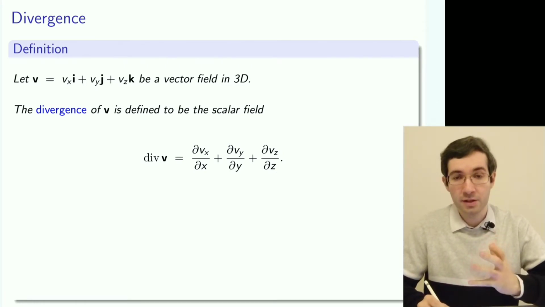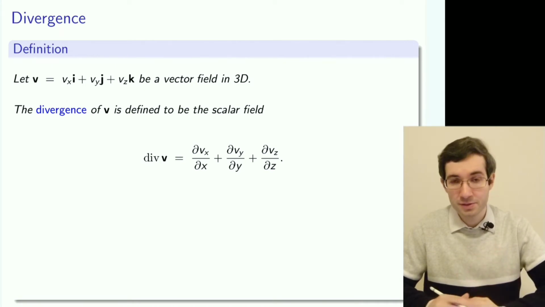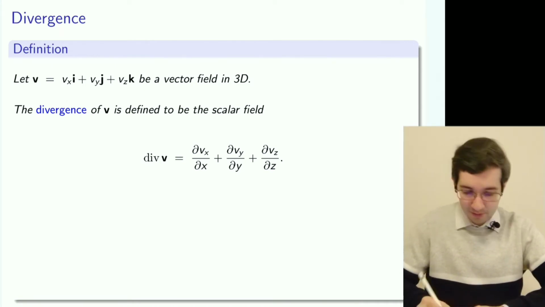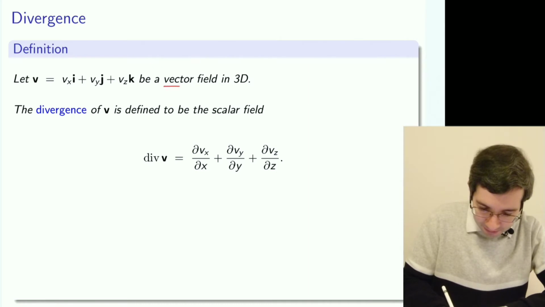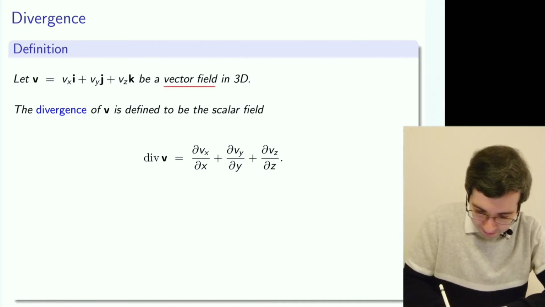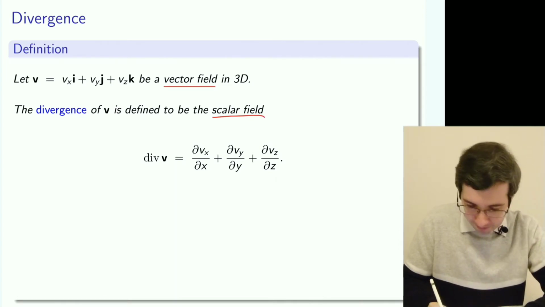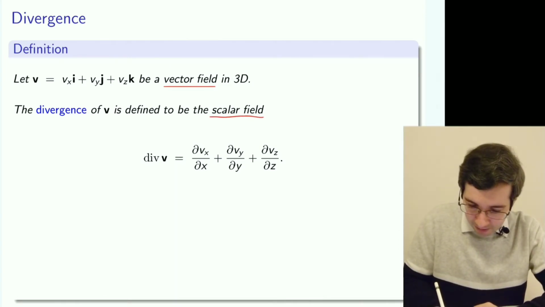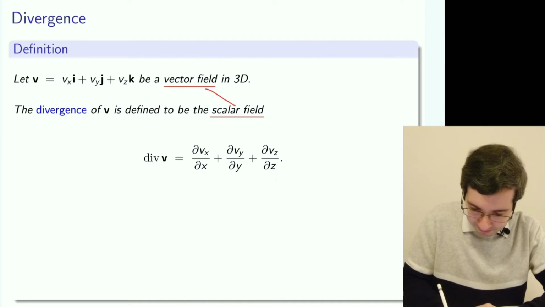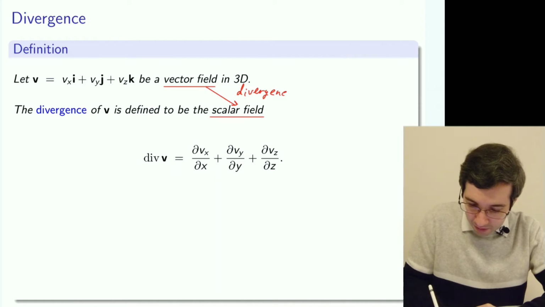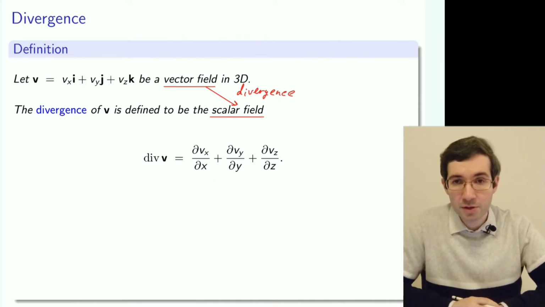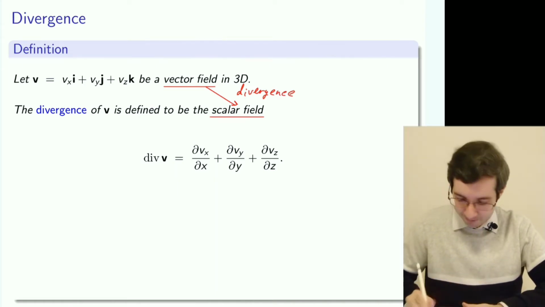It's effectively somewhat an opposite example, where you have a vector field which is turned into the scalar field by applying the divergence to it. And we're going to learn more about what it is and why it is useful.